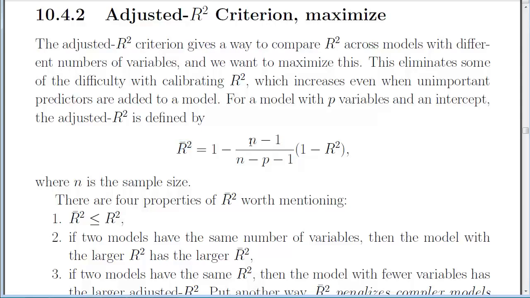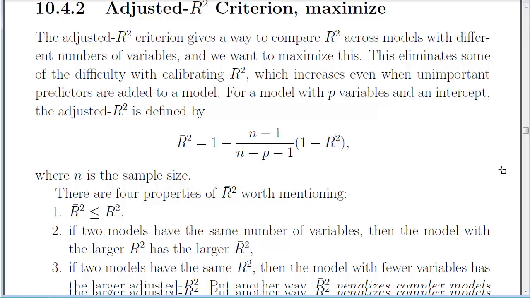But at some point the penalty will grow faster than the decrease, and then the adjusted R-squared will decrease again. And so that's the point which gives you the best model. It's the balance between the penalty and the unexplained variability.